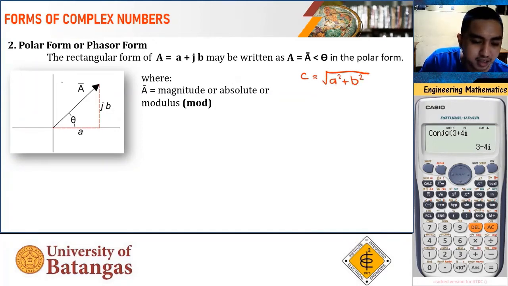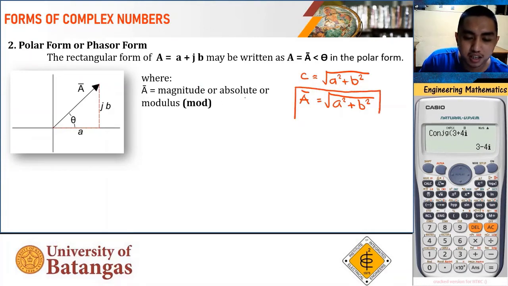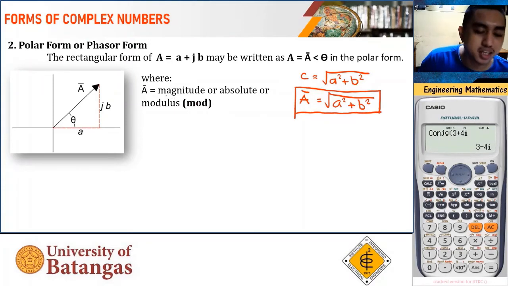So, alam natin dito na ang ating hypotenuse is yung ating A bar. Then, yung aking sides is A and B. So, A squared plus B squared. Okay, so ito na yung ating gagamitin para makuha natin yung ating magnitude or absolute or modulus ng complex number.